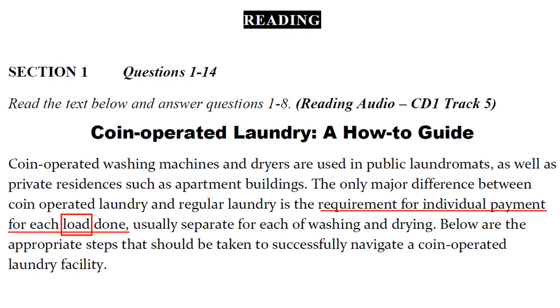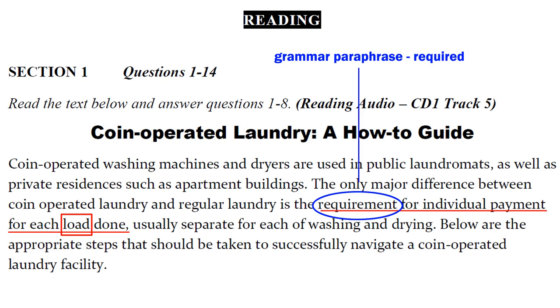If I want to find this answer, I will find it in the first paragraph in the third and fourth line. The sentence reads, "The only major difference between coin-operated laundry and regular laundry is the requirement for individual payment for each load done."